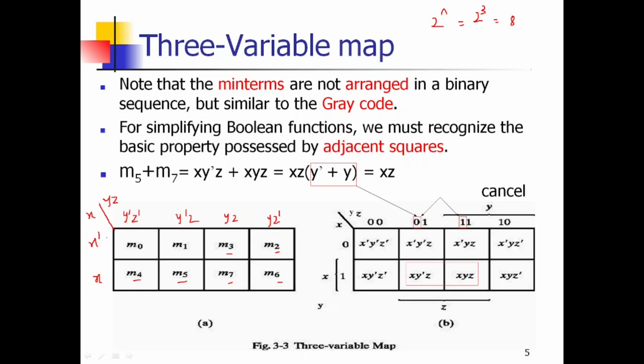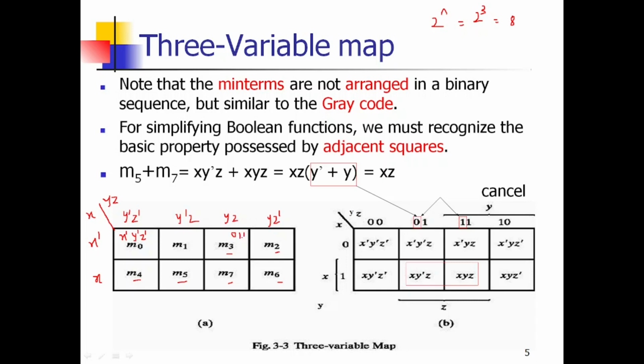And what is m0? Combining the variables, here is x dash, here is y dash z dash, so x dash y dash z dash. Similarly m1 is x dash y dash z, and m3 is x dash y z, which is nothing but 0 1 1.